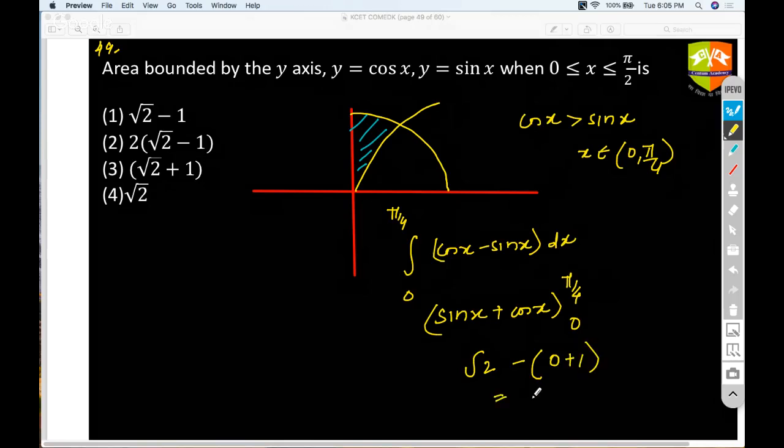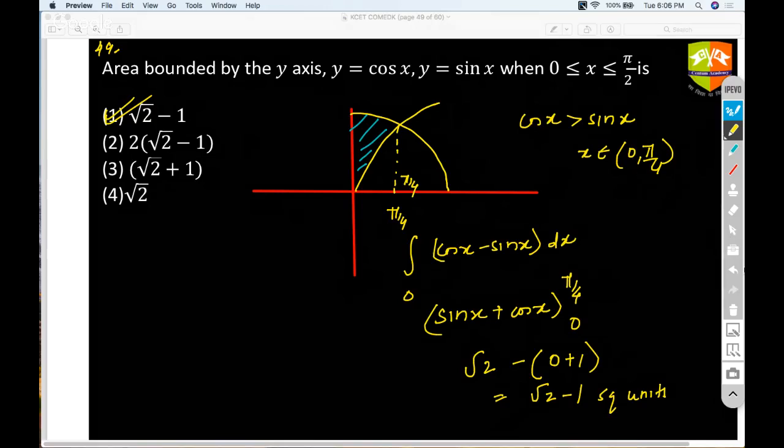That's going to be root 2 minus 1 square units. And that's option number 1, that is correct. So never hesitate in making the curve, because that actually gives you a clear-cut idea which curve is above the other, which curve is below the other. And then you can make a differential strip and find out the area in the desired interval.